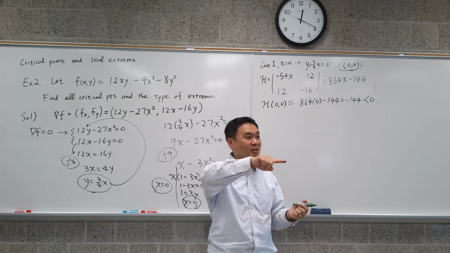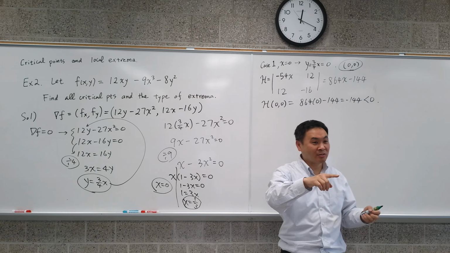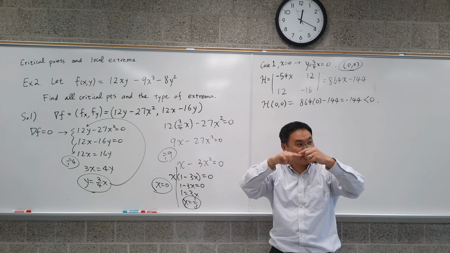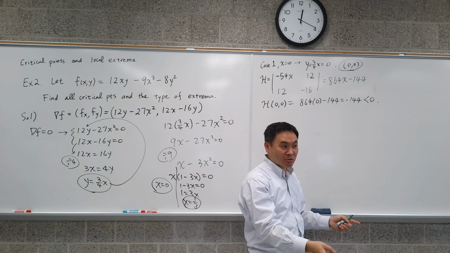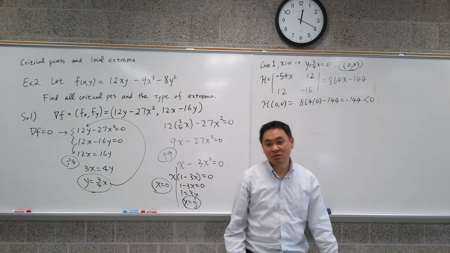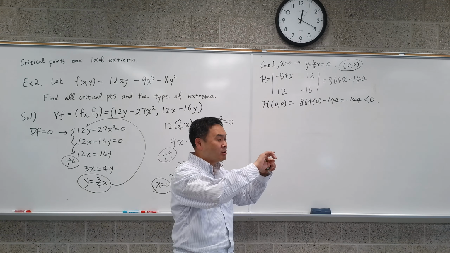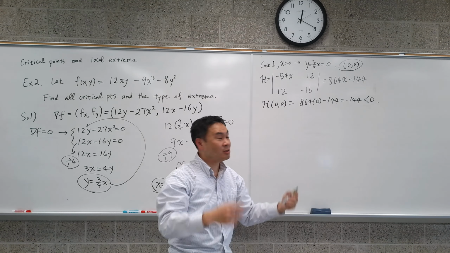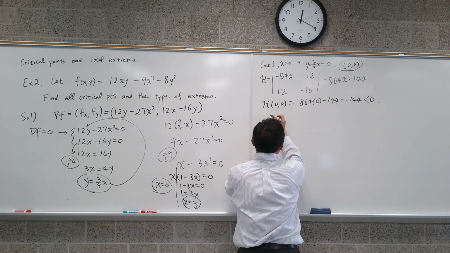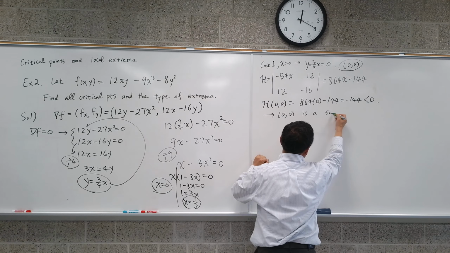It means that as you go 360 degrees trying to do the second derivative, at some point there will be a positive smiley, at some point there will be a negative in the perpendicular direction, and that means it's a saddle, okay? Because one direction is like the maximum, but in the other direction it's like the minimum. So that means 0, 0 is a saddle.